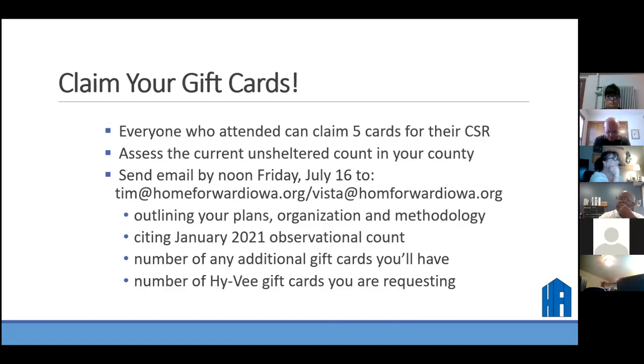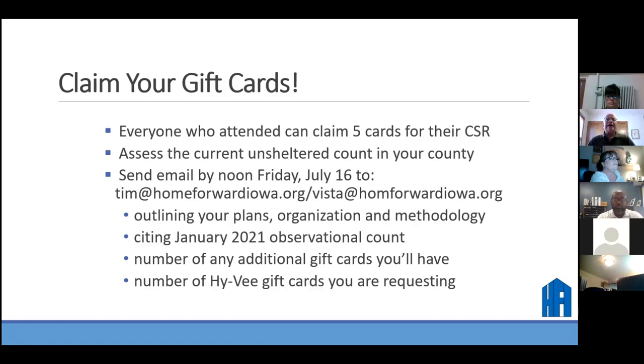And what that something is: through Hy-Vee and through a generous donation from Randy and Dawn Edeker, and Dawn Edeker in particular, but Randy Edeker is the CEO of Hy-Vee, I have secured for our use in the summer point in time count 400 $10 Hy-Vee gift cards that can be used obviously at any Hy-Vee.